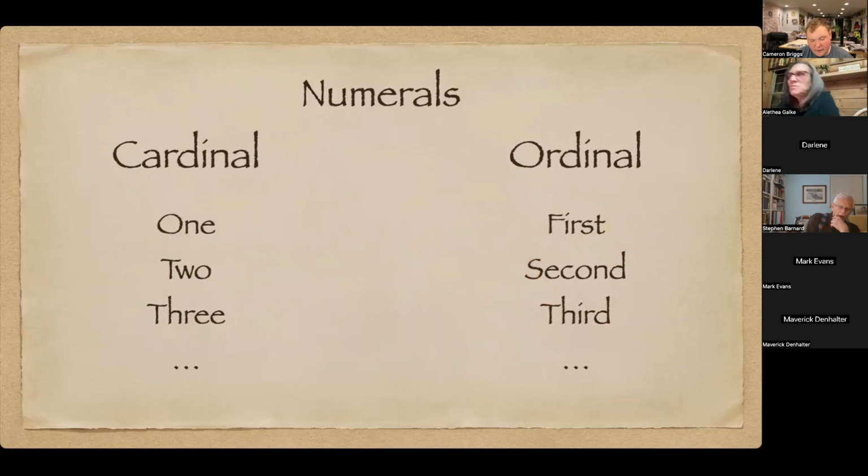In Hebrew, we use the ordinals through the number 10. So we have 9th and 10th, but after 10th, we go back to the cardinals. There isn't an 11th or a 12th or 13th like we do in English.